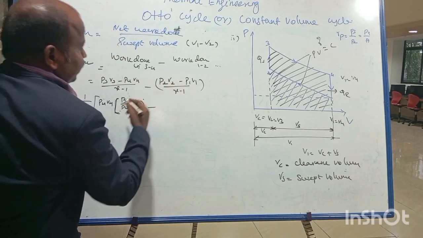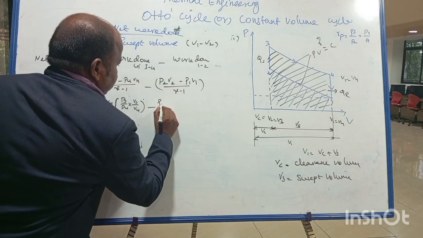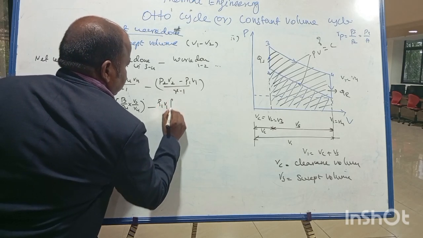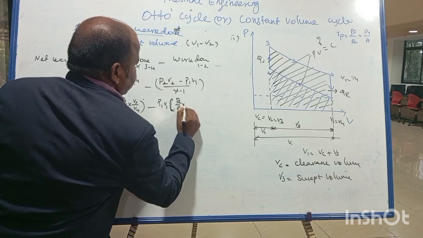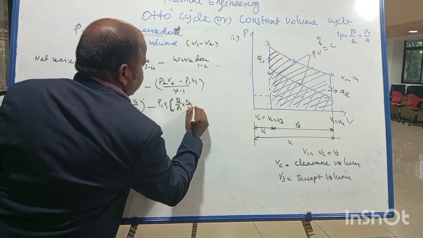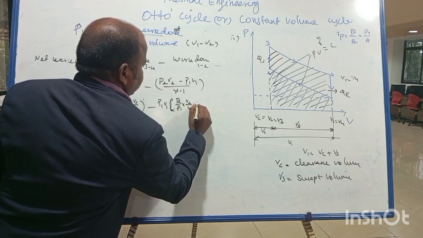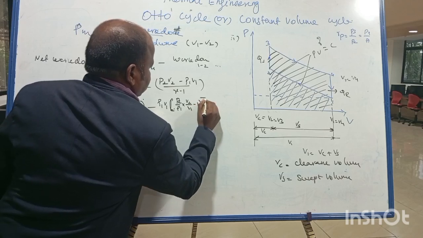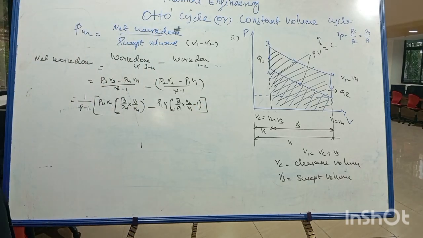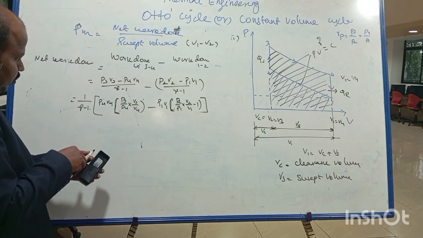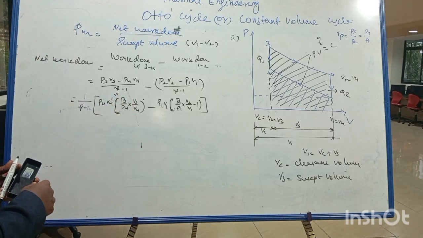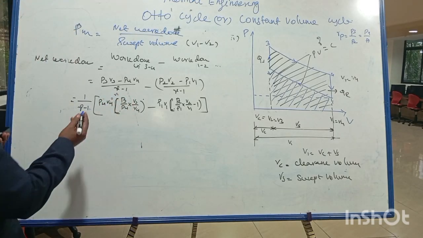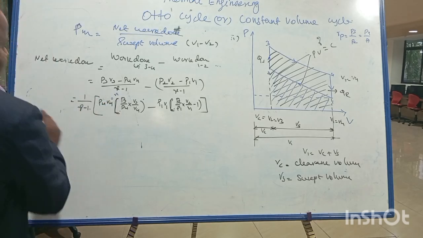From this I am going to take P1 V1 as common, P2 by P1 into V2 divided by V1 minus 1. Now this V4, I am going to replace as V1. So I am going to take this V1 as common again.